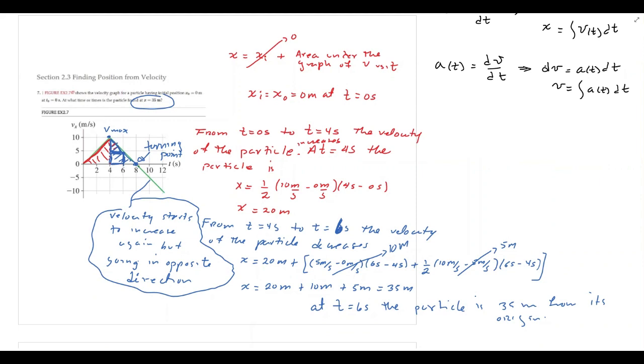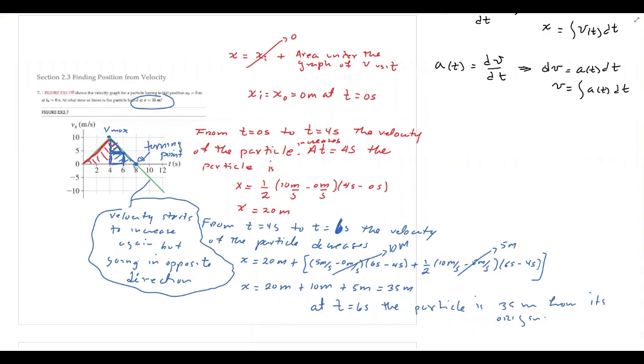The turning point is always where the velocity of the particle becomes 0, and then the direction of the velocity changes, right? I had a positive velocity to the left of t equals 8 seconds and a negative velocity to the right of t equals 8 seconds.